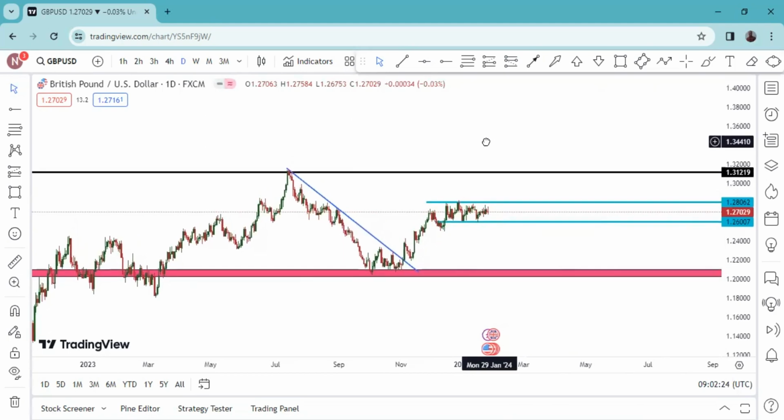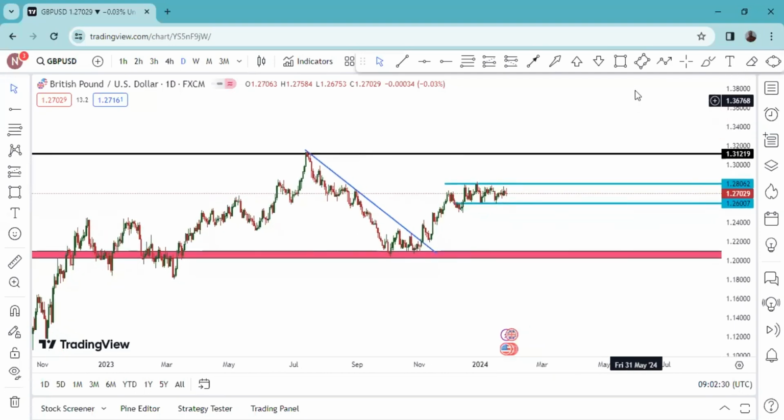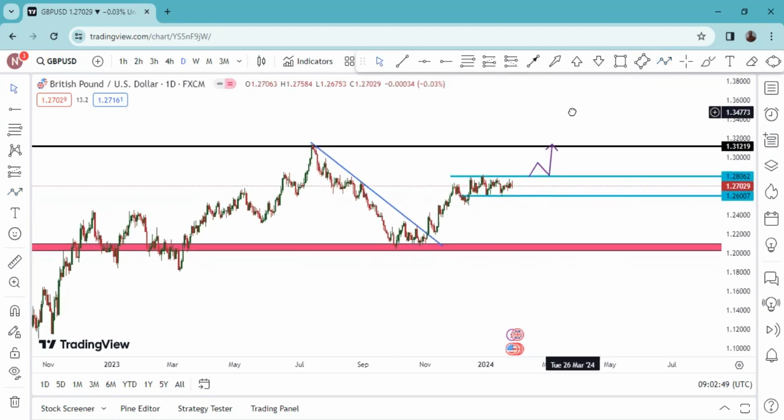So as I told you earlier, what I'm expecting on GBP USD, I'm waiting for the market to break this zone. If the market can break this upper zone, this one and this one, a resistance, break it, then retest it, then I can take a buy to the main zone.